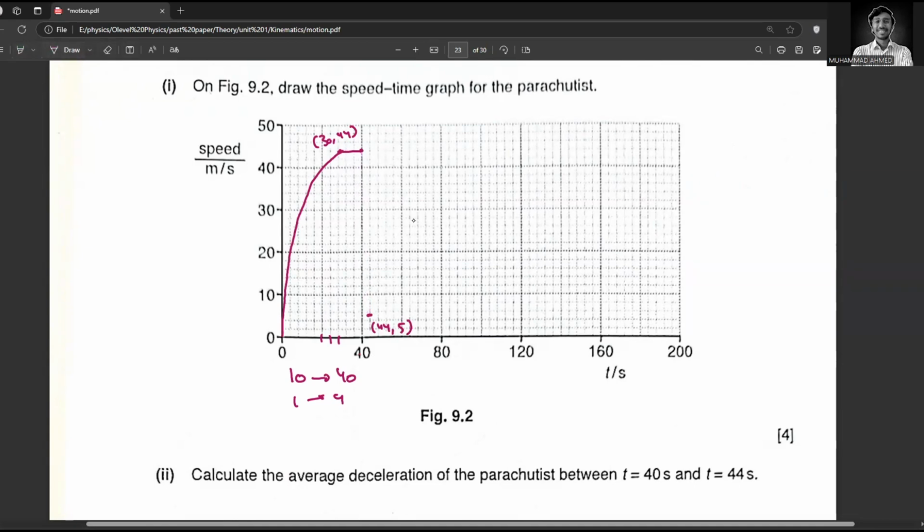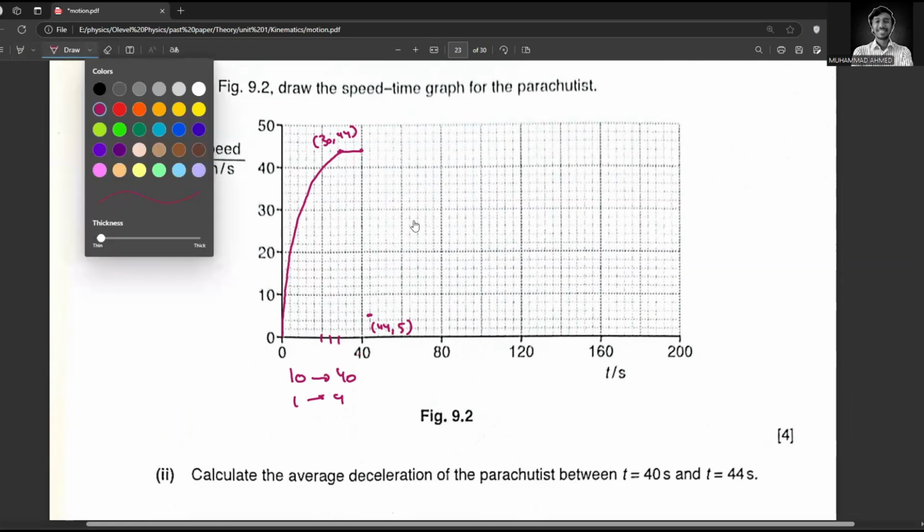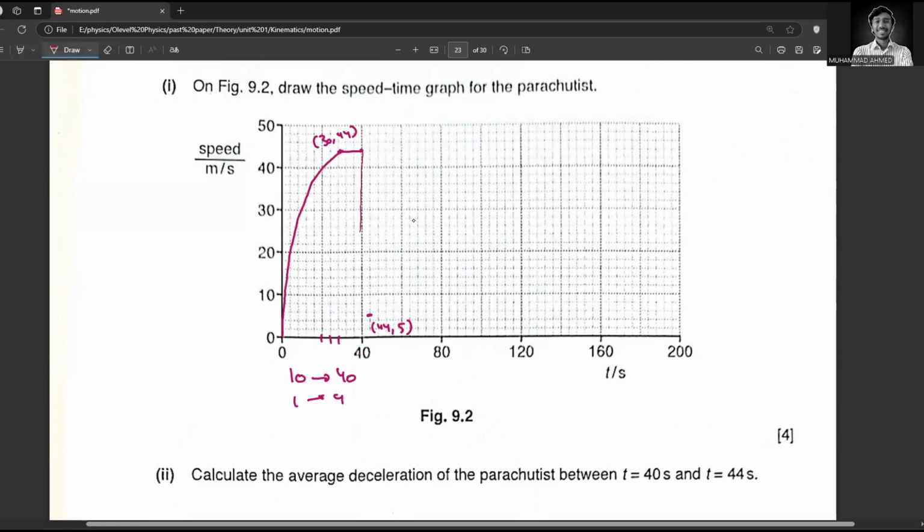Let me decrease the thickness and let's make a curve instead. Again, it is wrong. It should not go backwards actually. Something like this. Yeah, this is your curve actually.